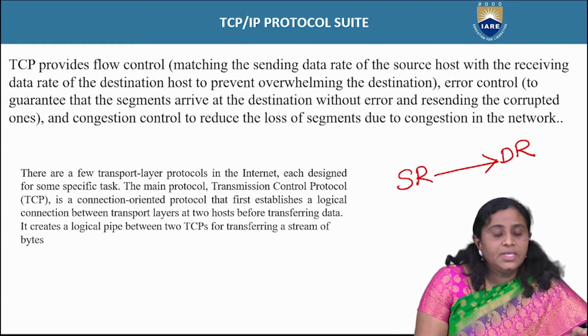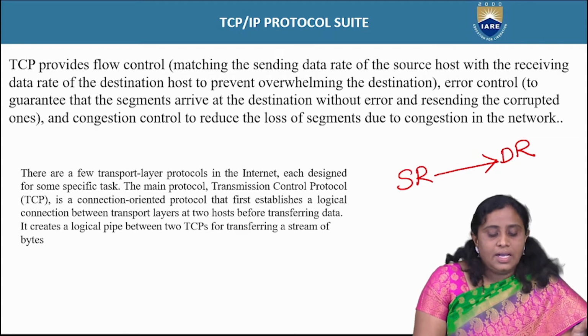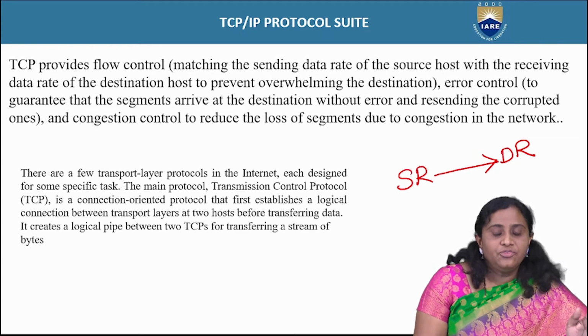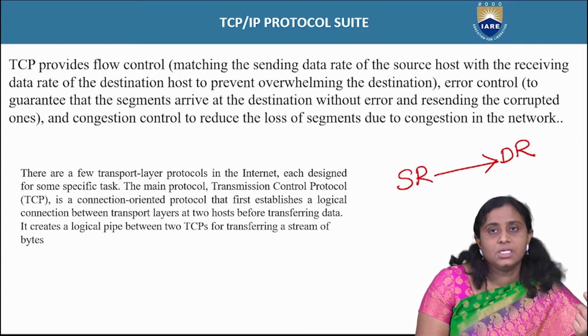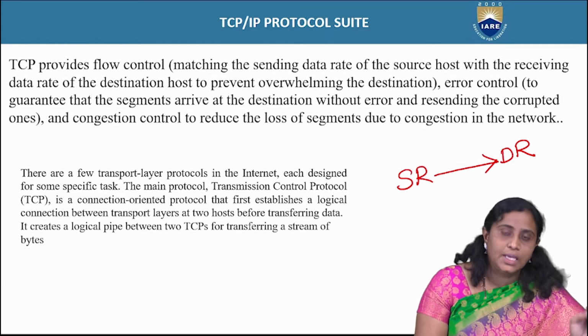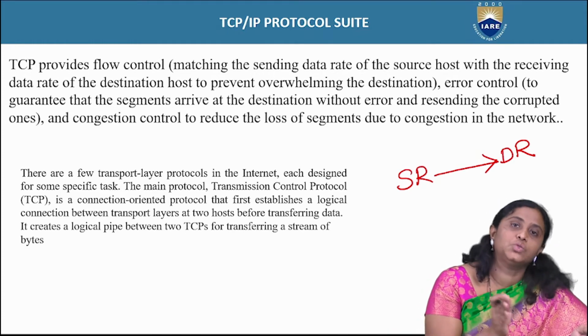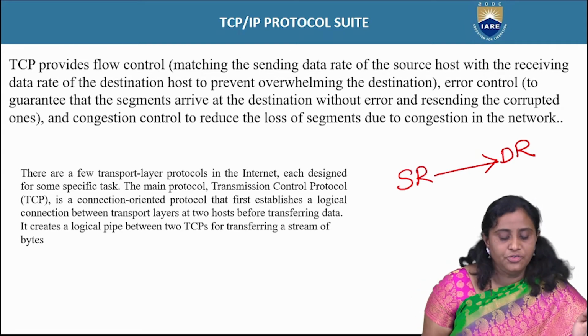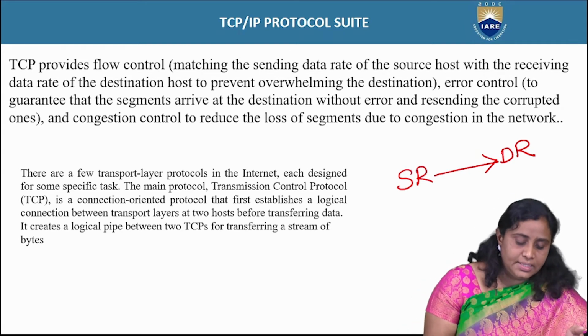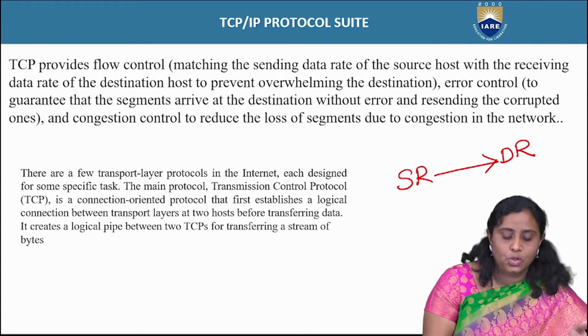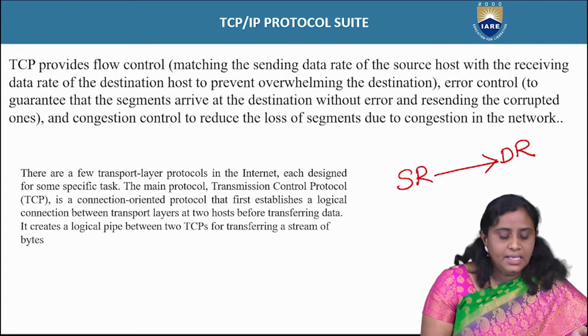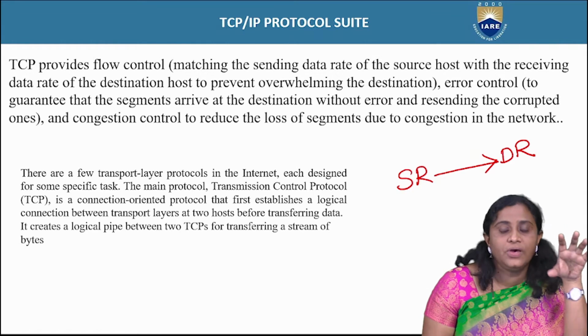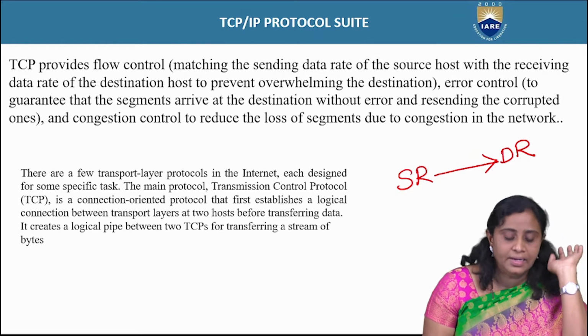And we have to identify congestion control under the TCP/IP protocol suite. Congestion control is meant to reduce the loss of segments during transmission from the source to the destination. There are a few transport layer protocols in the internet, each designed specifically for some specified tasks.